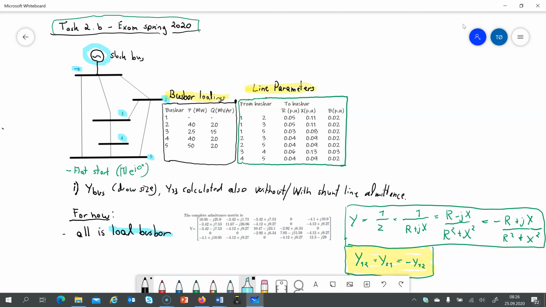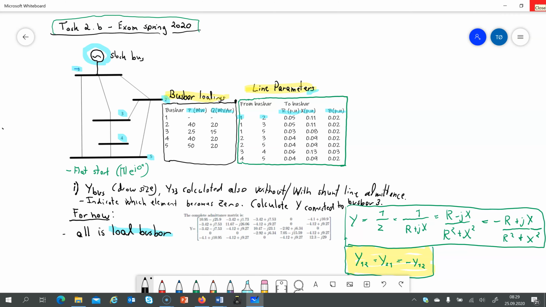In this table you have loadings in megawatts and megavolt-ampere reactive, P and Q. Then the line parameters are given: the from busbar and to busbar, and then the R, X and susceptance for each line.